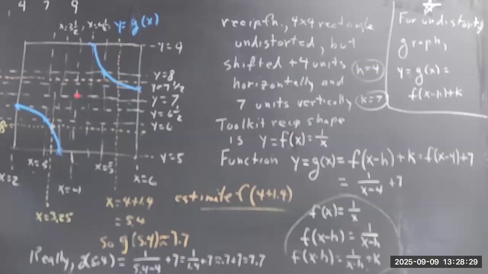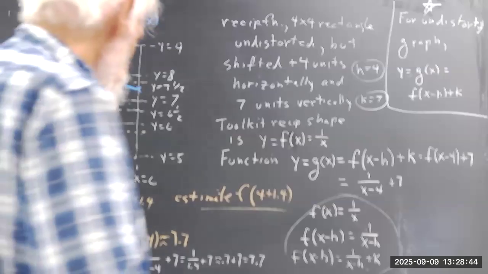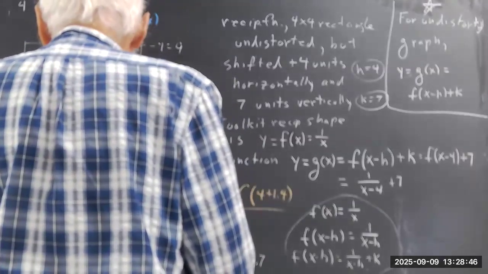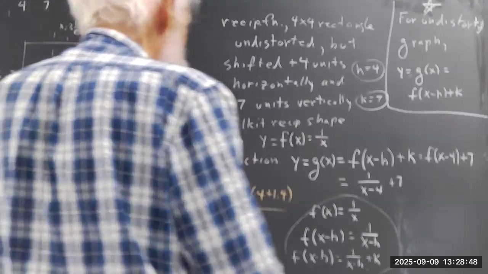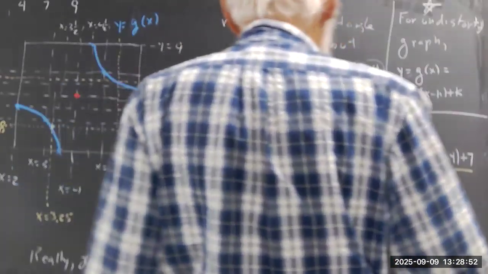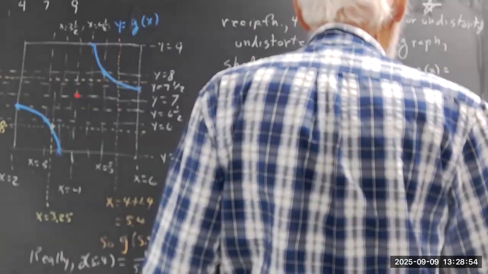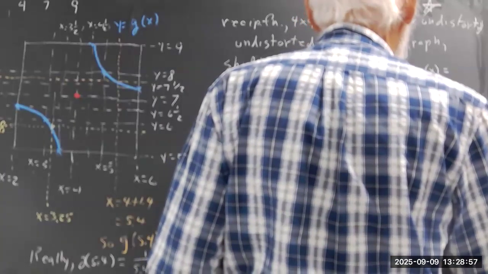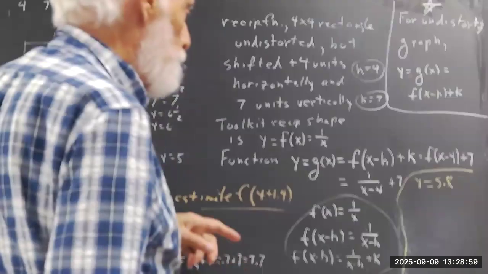The other is solution of y equals 5.8. Okay. Now I don't have a lot of room over here, so I'm going to insert it over here in bright yellow. y equals 5.8.